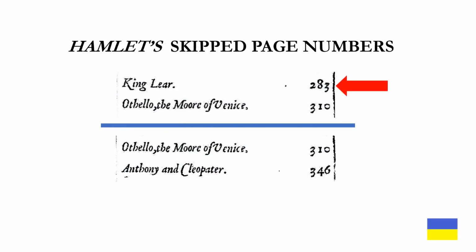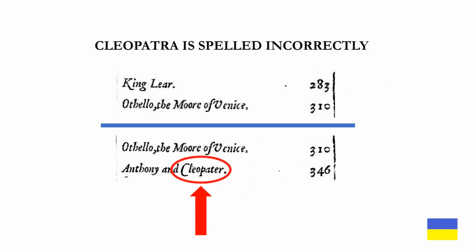Hamlet's skipped page numbers enabled the compositor to start King Lear on page 283, thereby creating a perfect adding ladder with the starting page for Othello. Cleopatra is spelled incorrectly to draw attention to the wrong page number in the catalog.